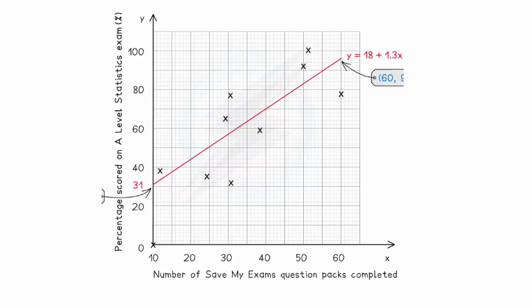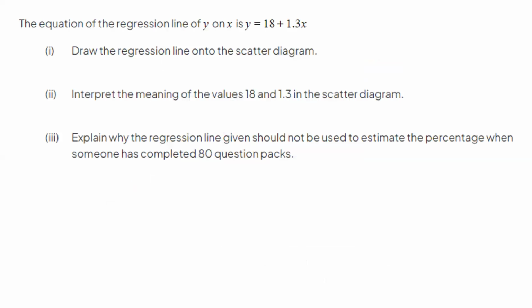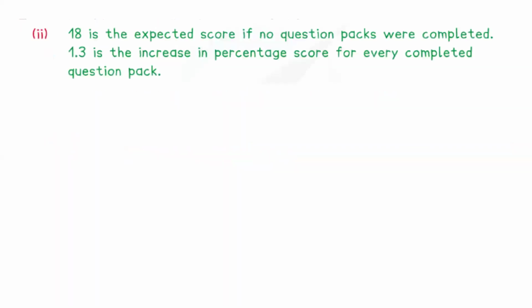Now he says, interpret the meaning of the values 18 and 1.3 in the diagram. So you will remember that 1.3 is the gradient and 18 is the y-intercept.